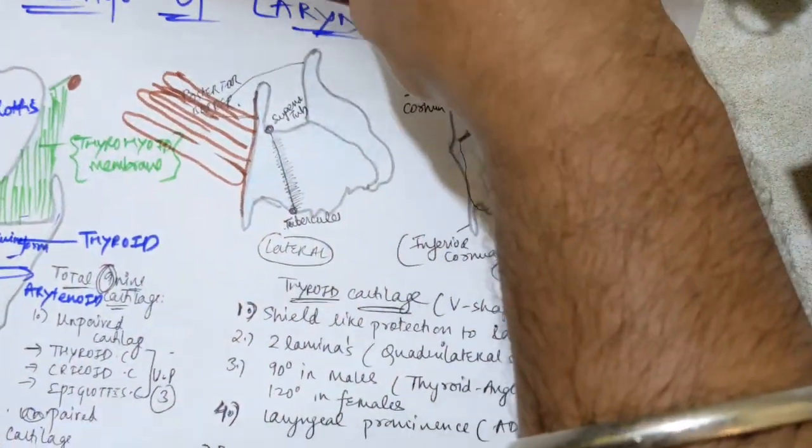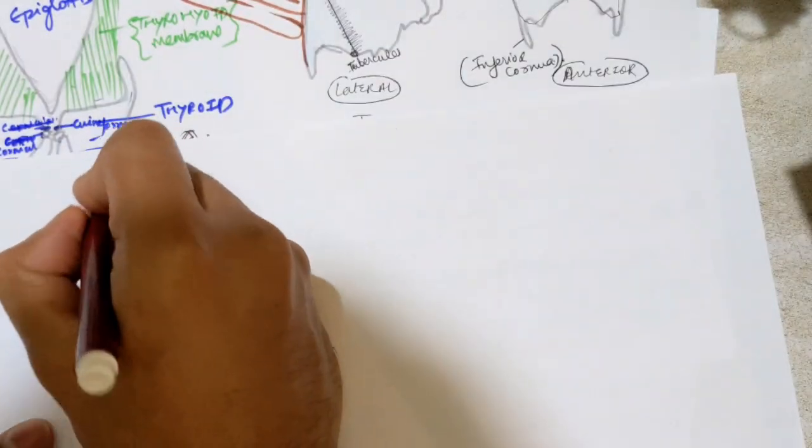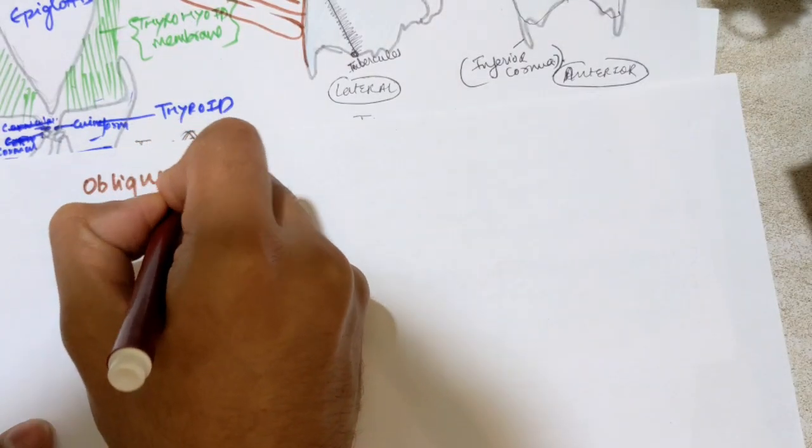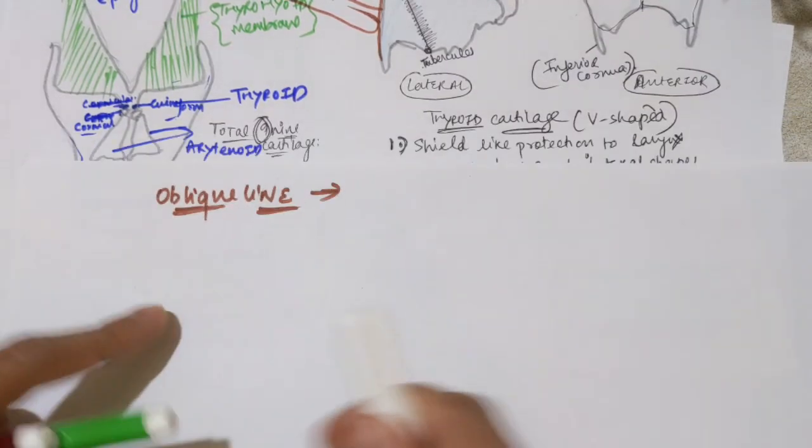Now let's move on to the oblique line. What structures attach to the oblique line? Here also three muscles attach.